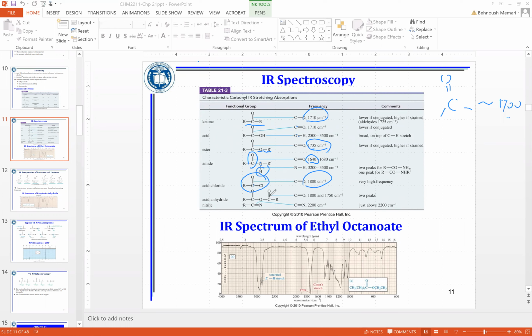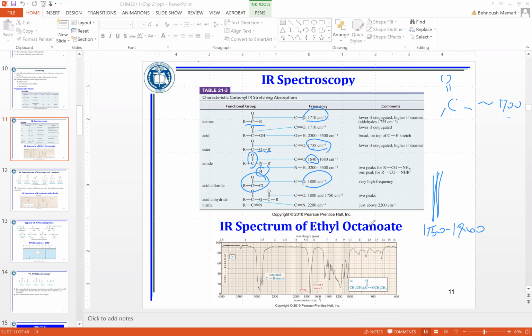But what is unique about acid anhydride is that you would see a double peak. So if it's around 1780, between 1750 and 1800, and you see a double peak, that is coming from acid anhydride. So you have a double peak, two peaks.